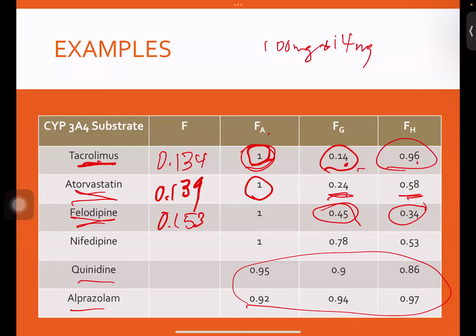All right, you get the idea. Now, when these are very low, if this changes, it's going to make a huge difference in your bioavailability, isn't it? It could increase the bioavailability significantly.